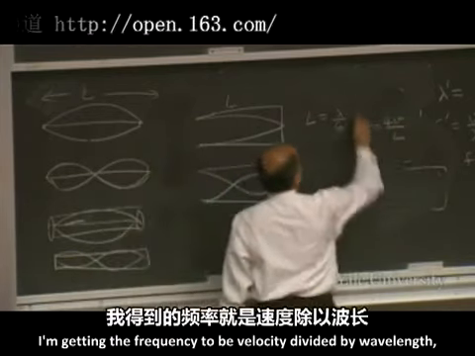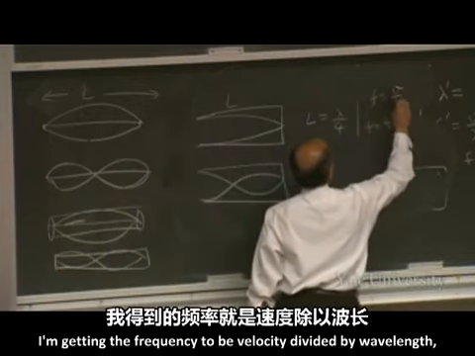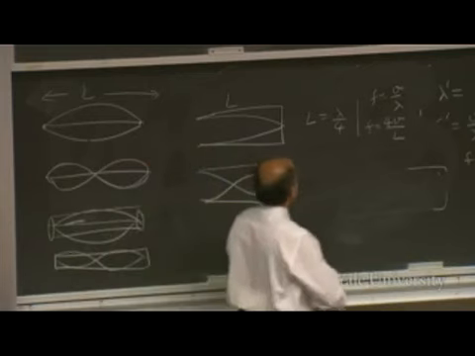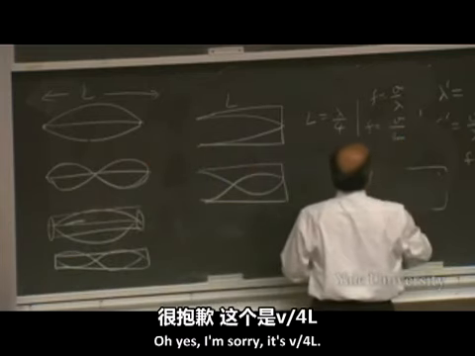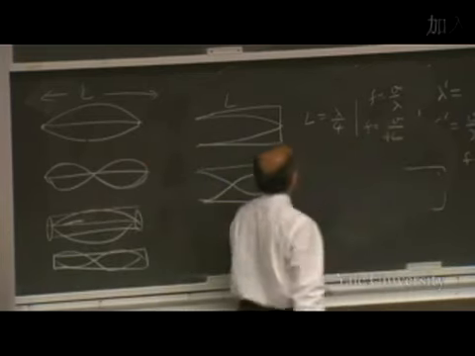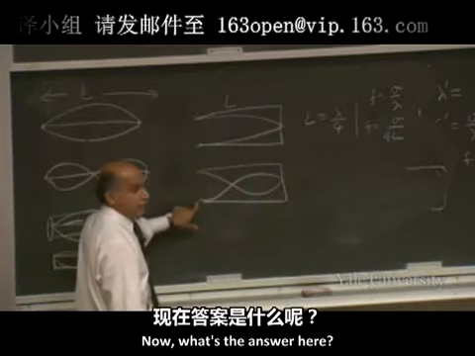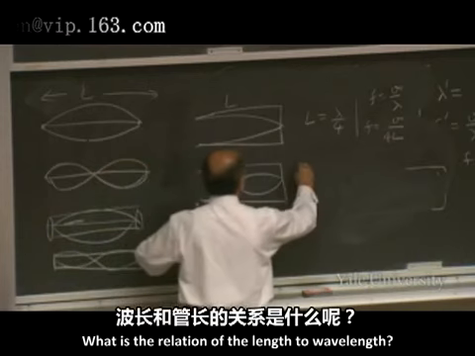I'm getting the frequency to be velocity divided by wavelength. Oh, did I get it wrong? Yes, I'm sorry. It's V over 4L. 4L is lambda. Now, what's the answer here? What is the relation of the length to wavelength?